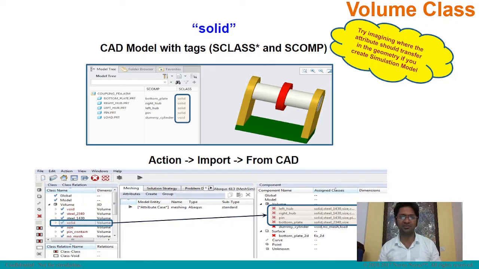You know that we specified the attribute on the solid class. So from the class, it will go to the respective components. It will go to the four components, that is left hub, pin structure, right hub and the bottom plate. And from the components, it will get transferred to the respective geometrical entities. Here in this case, it will get transferred to the respective volumes, that is four volumes, each volume corresponding to each component.